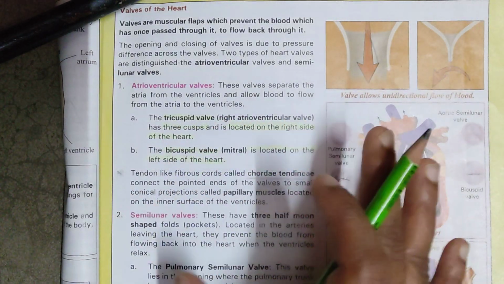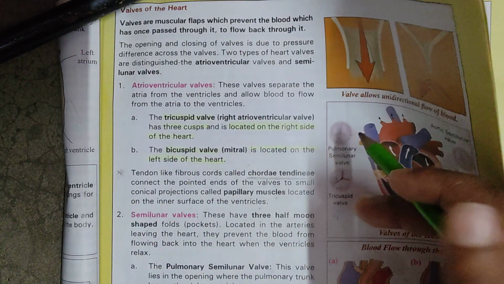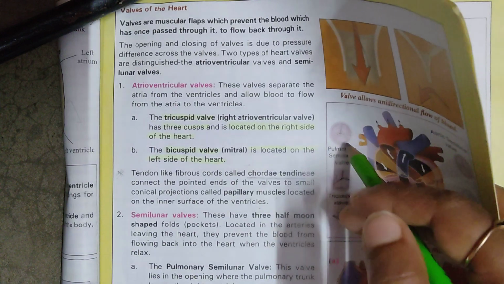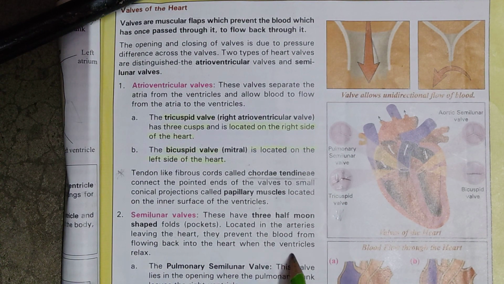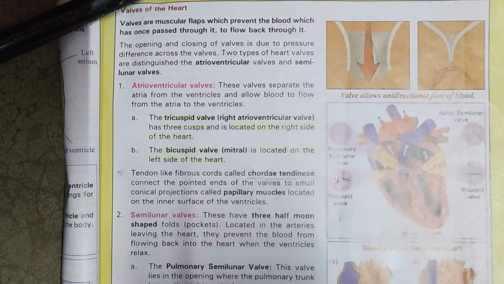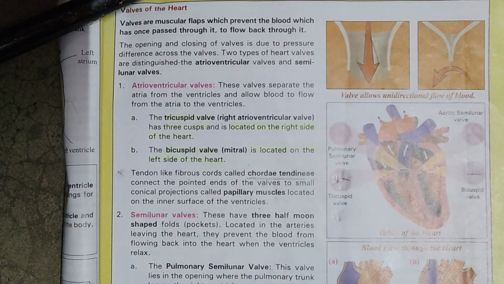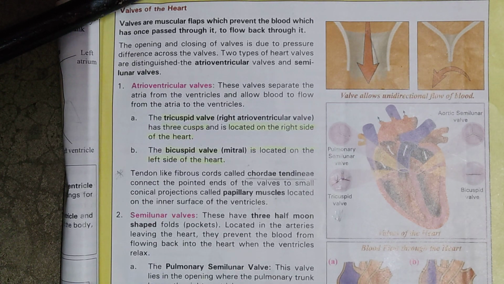But here it is a half moon shaped structure. They are located in the arteries leaving the heart. They prevent the blood from flowing back into the heart when the ventricles relax. So when the ventricle is relaxing, the semilunar valves prevent the blood from flowing back into the heart.